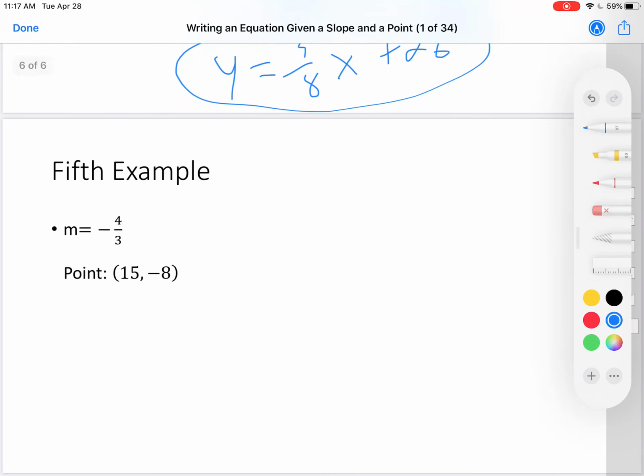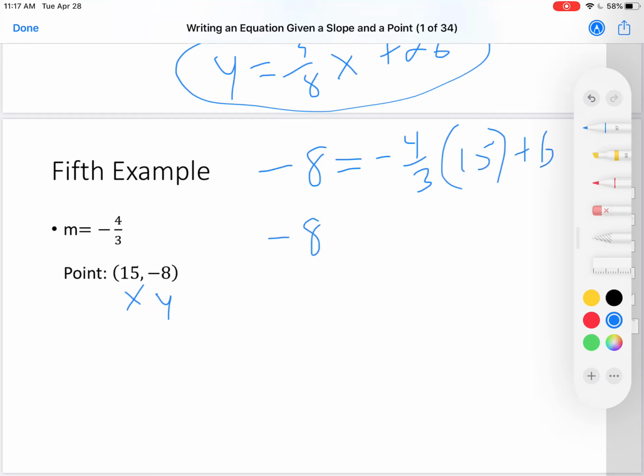Fifth example. Y is negative 8. X is 15. So we start off with negative 8 equals negative 4/3 times 15 plus b.